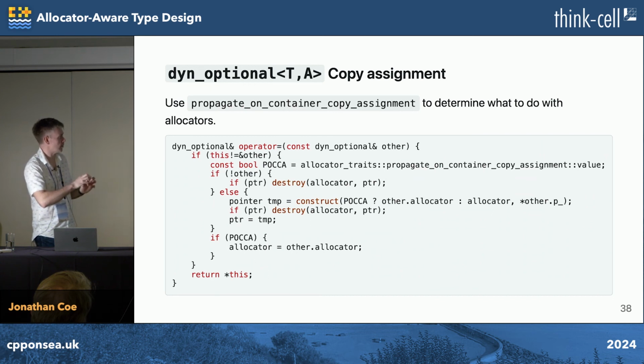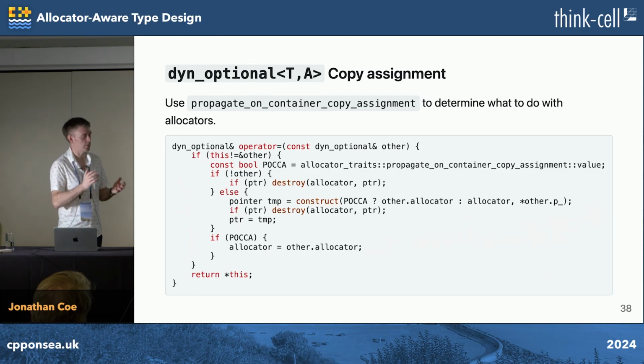Then we'll take ownership of that temp object we created, and then depending on the status of propagate on container copy assignment, we will update the allocator. So copying allocators and assigning allocators is essentially free. They're pointers or empty, so nothing's going on there. Okay.